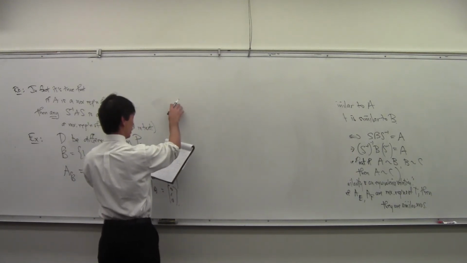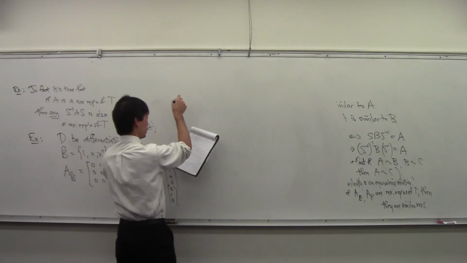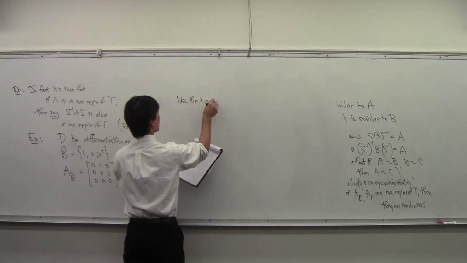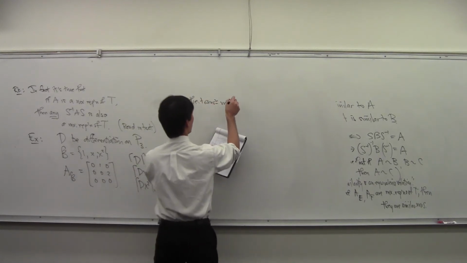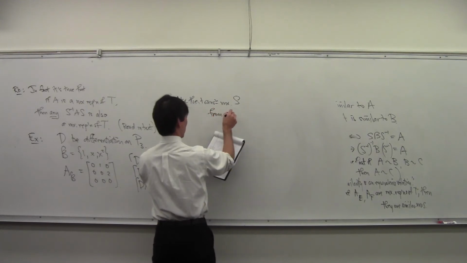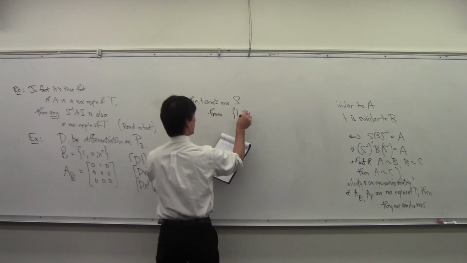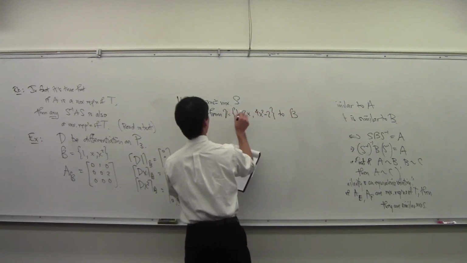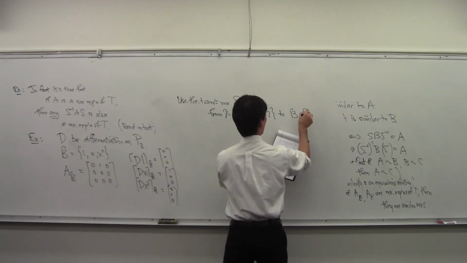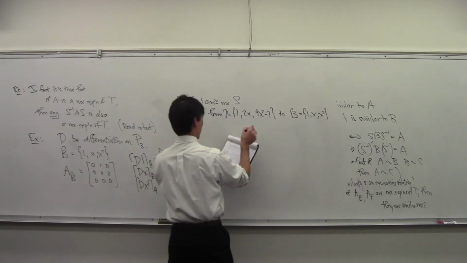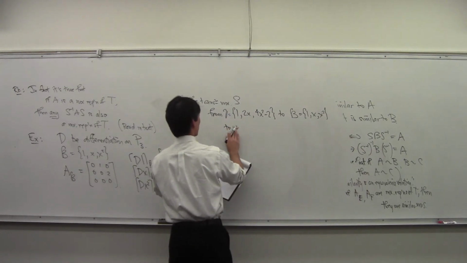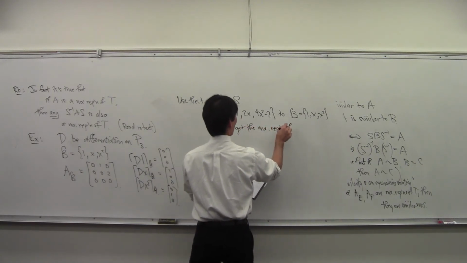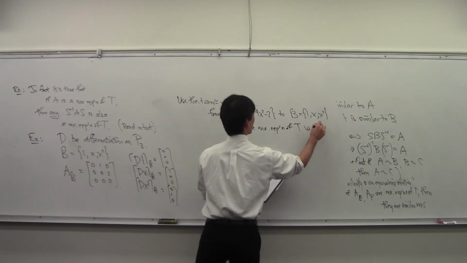So the problem, maybe I'll let you try it. Use the transition matrix S from B2, 1, 2x, 4x squared minus 2, to B1, 1, x, x squared, to get the matrix representation of T with respect to the other basis.